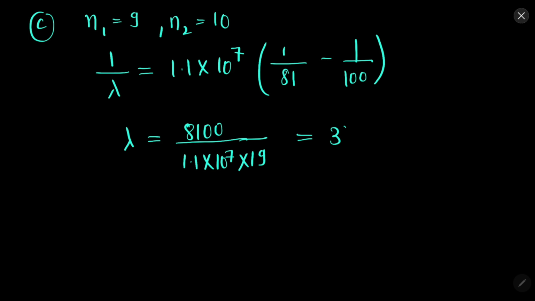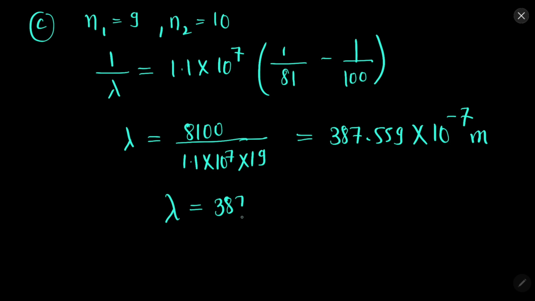It will be around 387.559 into 10 to the power minus 7 meters, or lambda will be approximately 38755.9 nanometers.